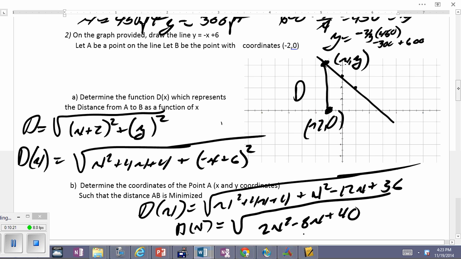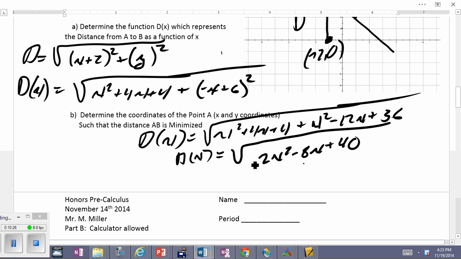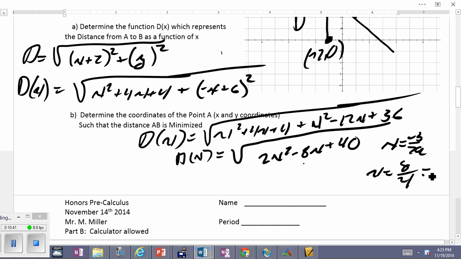Okay? So that is quasi-quadratic, a quadratic underneath a radical. X equals negative b over 2a. X equals the opposite of negative 8, which is 8, over 2 times 2, which is 4, so 2. X equals 2.